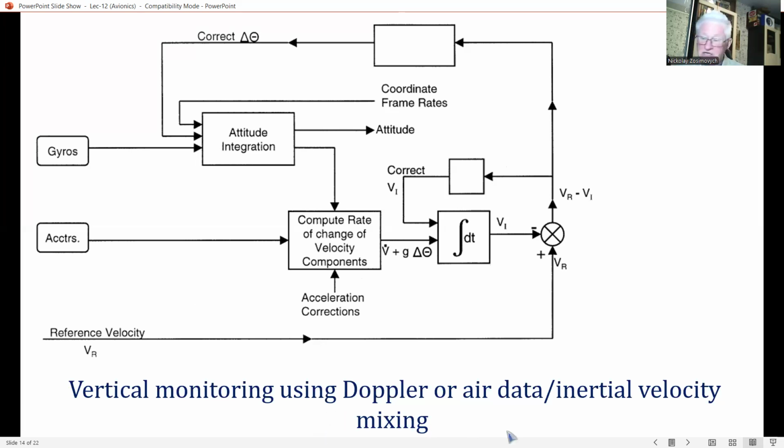This technique is known as Doppler inertial or air data inertial mixing, depending on the source of the aircraft velocity. The errors in the vertical reference resulting from the effect of acceleration during maneuvers can be kept small with such a monitoring system, given an accurate velocity source.